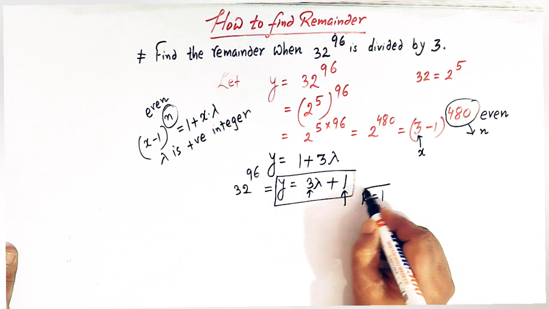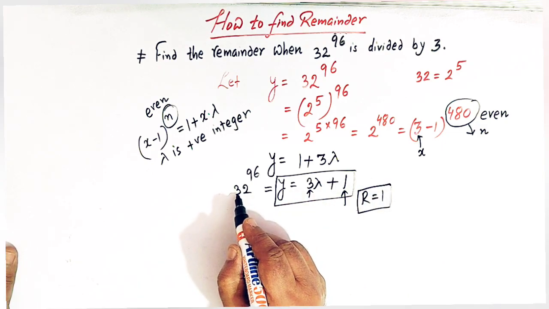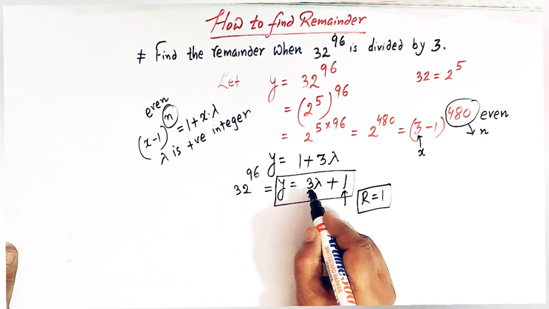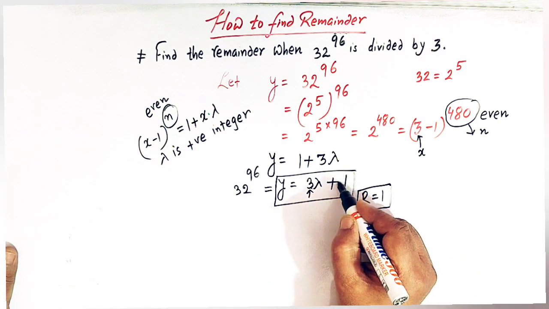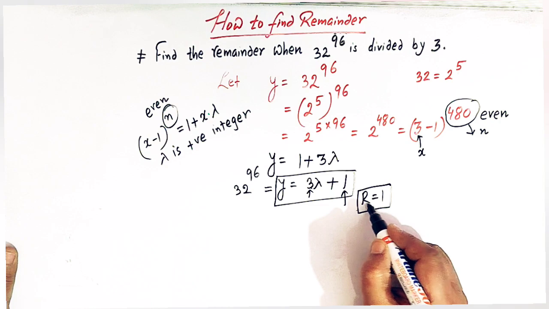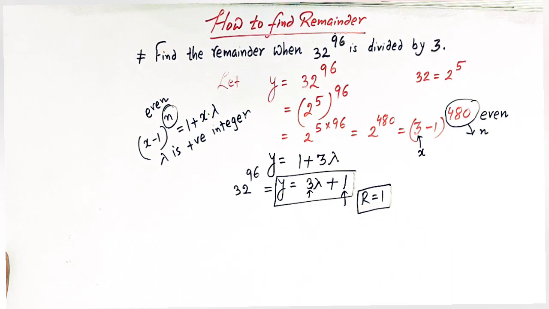So the remainder is 1. So when 32 raised to 96 is divided by 3, then the remainder is given by this term, which is equal to 1, right? So viewers, this is how by using these concepts we can solve these type of problems.